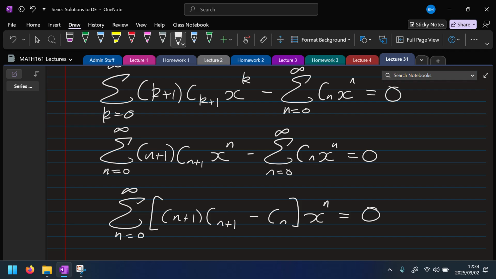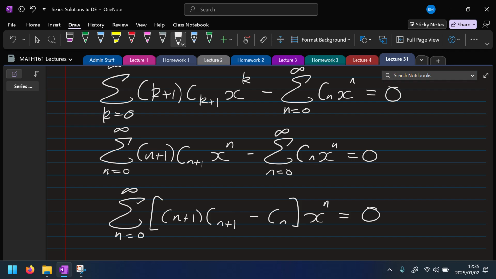Okay, on the left, we have some polynomial. On the right, we have 0. So what can you tell me about the coefficients of that polynomial? Yeah, polynomial, it will be x to the 0, x to the 1, x to the 2, but on the right, it's 0. So what do those coefficients have to be?